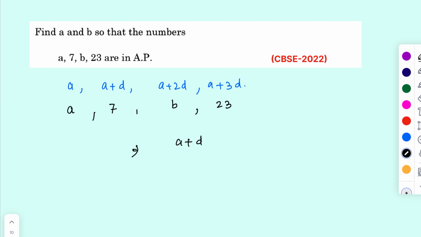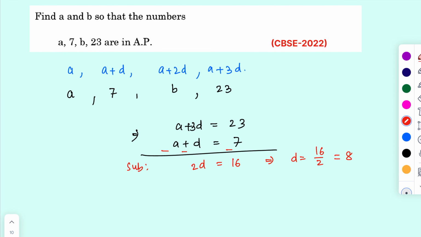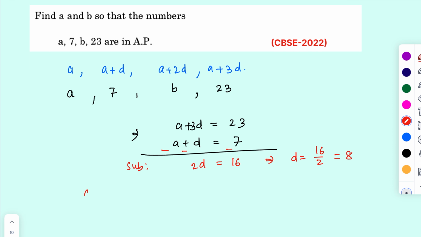This implies a plus 3d is equal to 23 and a plus d is equal to 7. If we subtract the two equations, a minus a is equal to 0, and we get 2d is equal to 16. This implies d is equal to 16 by 2, which is equal to 8.